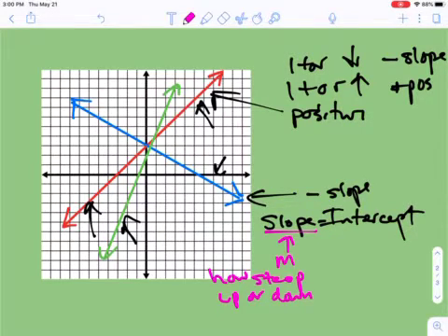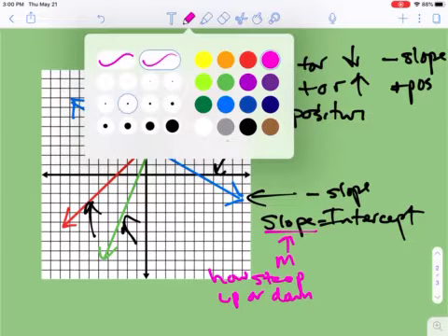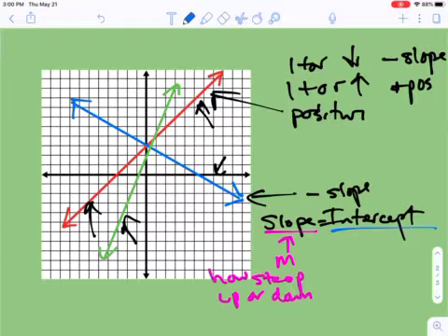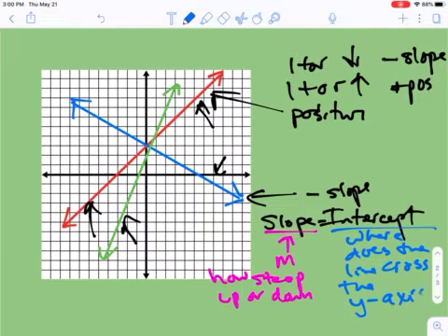But then this other thing over here, this intercept, is really valuable because it tells us where the line crosses the y-axis. That's why we call it slope-intercept form.